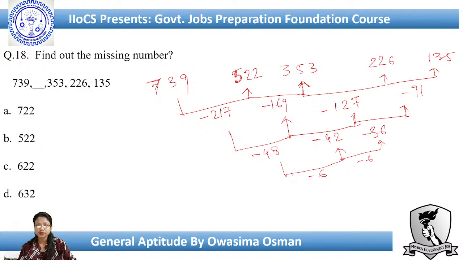So here we can see that this series is following the minus 6 pattern, and here we have to find this digit first. So our answer will be 739 minus 217, that is 522. That is option B will be correct.